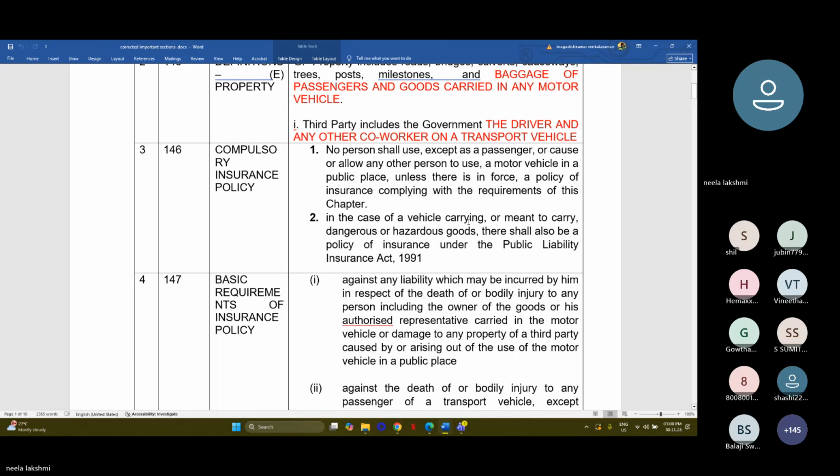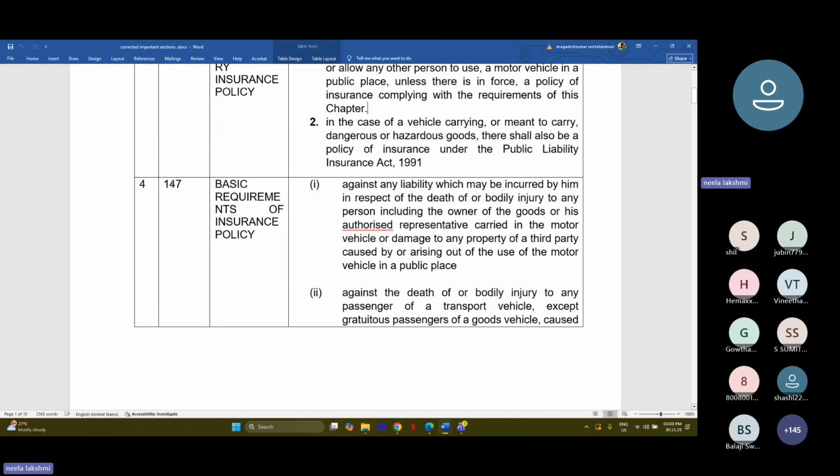Okay. Next one, basic requirements. Section 147. It specifies insurance policy is mandatory. What the insurance policy should cover finds a place in section 147. Section 147 states that it should cover any owner of the goods or authorized representative of the owner of the goods, by virtue of collecting NFPP, non-fare paying passengers.